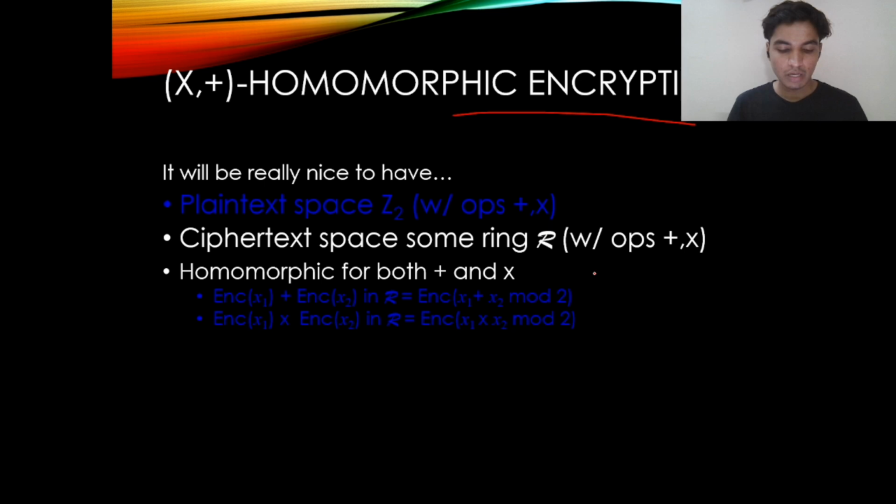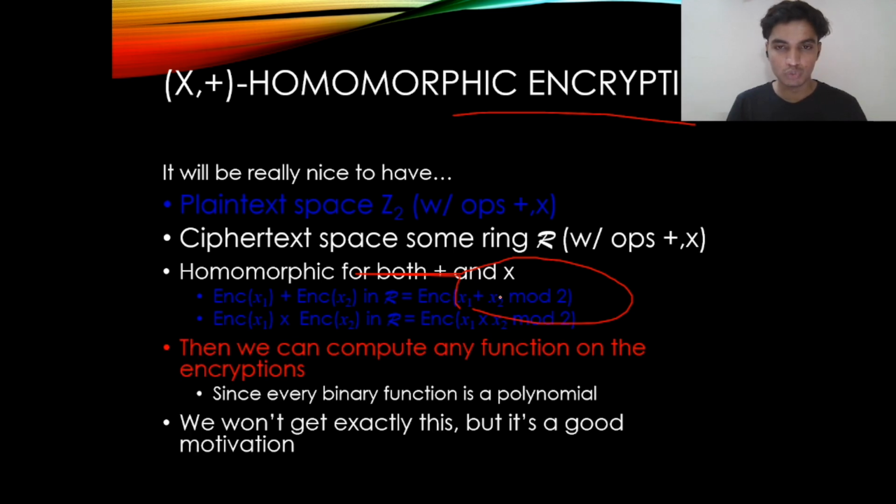We want the encryption of x1 and the encryption of x2 to combine into the encryption of x1 plus x2 mod p, in this case mod 2. Then we can compute any function on these encryptions, since every binary function is a polynomial.